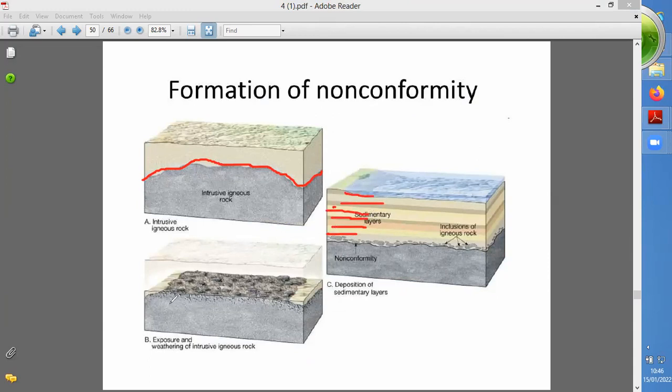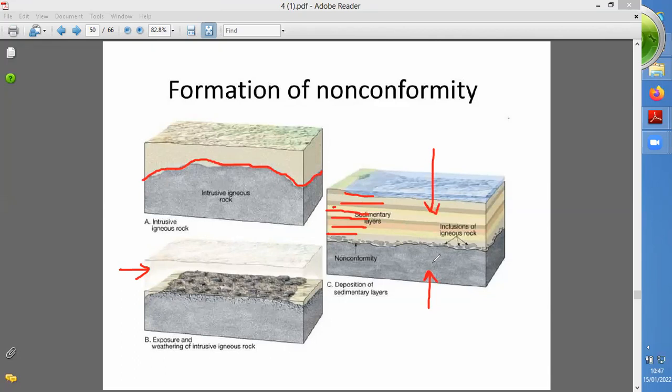Okay, so this is the area when it undergoes water. After that, various layers of the sediments are deposited here. Okay, that's why the bottom unlayered rocks and the top rocks are with horizontal layers.